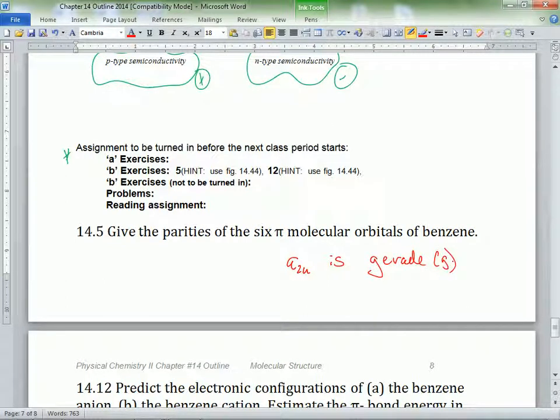The next one up, it looks like we have two of them. But they're both what? Parity. If you reflect through the center, now they're not interested in seeing the same thing. They're interested in the wave function sign. Ungerade, then. It's ungerade because you went from light to dark. So E1g's are ungerade.